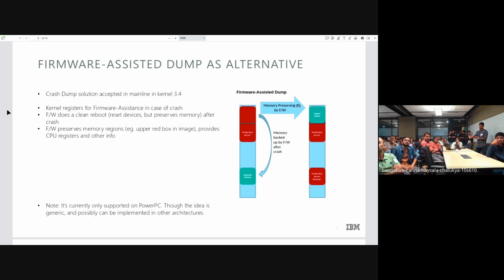The firmware needs to support such a hypervisor call or hcall, some feature with which the kernel can tell the firmware, while it's booting in the first kernel boot, that in the event of a crash, please handle the flow. The firmware is kind of running at a different execution level on the same core. Sometimes it can be the same or different, depending on the architecture. In bare metal, it might be the same.